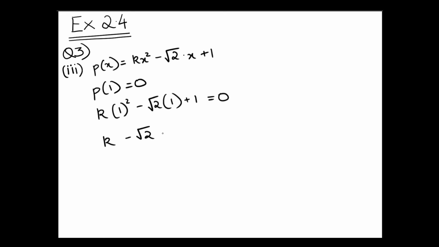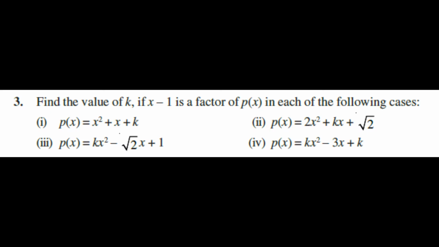That gives us k minus root 2 plus 1 is equal to 0, and hence the value of k becomes root 2 minus 1. And through factor theorem, that's how we get the value of k.